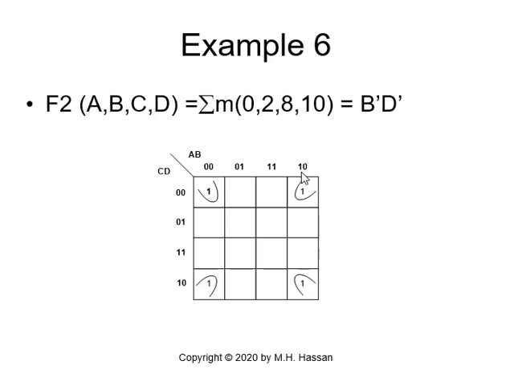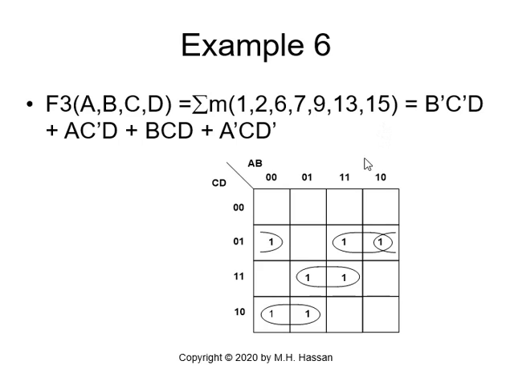Horizontally, the 1 for the A will cancel out, so I will have B prime. Vertically, the 0 will cancel out with the 1 for the C, and I will have D prime, because it is 0 here and 0 here. So B prime, D prime will be the final answer.